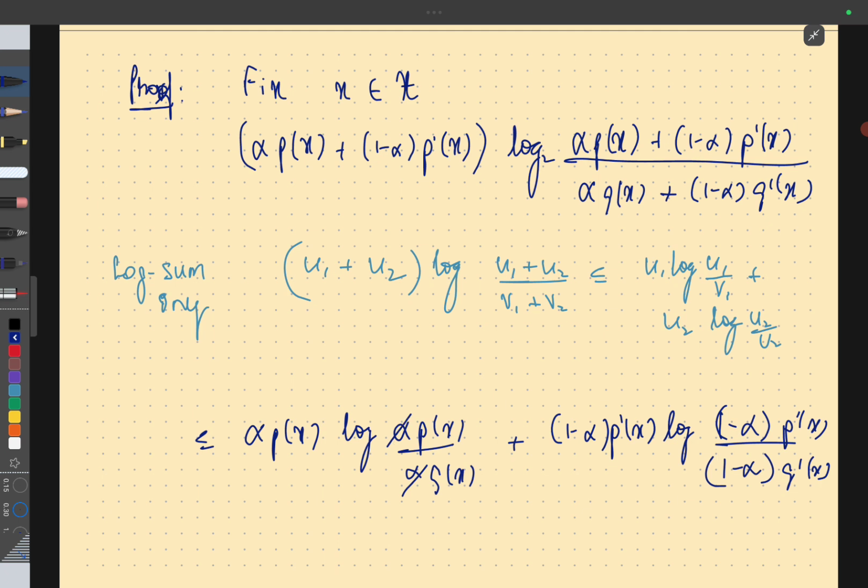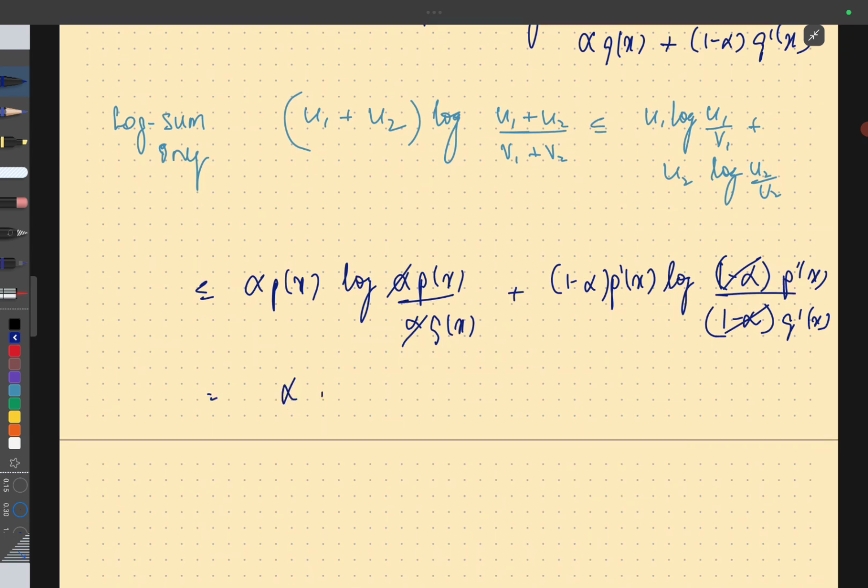Right, and crucially, these alphas and these 1 minus alphas cancel out. So I want the same alpha for both p as well as q, and p prime as well. Whatever comes for p prime should also come for q prime.